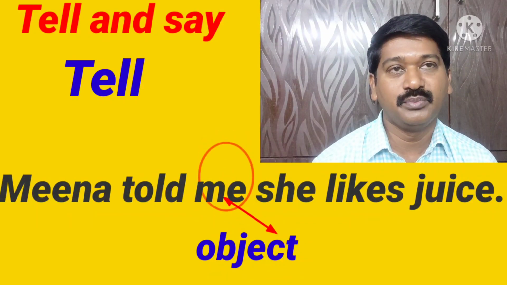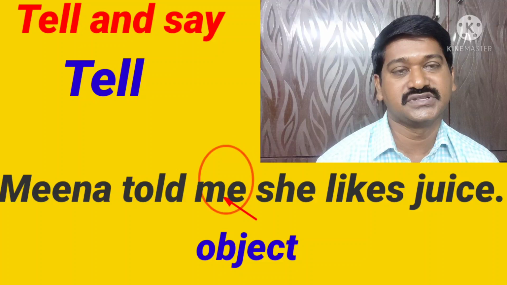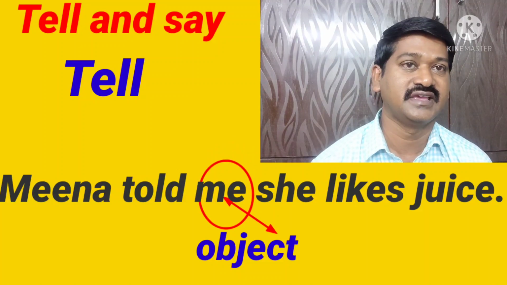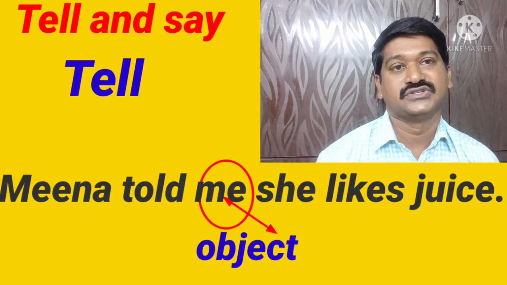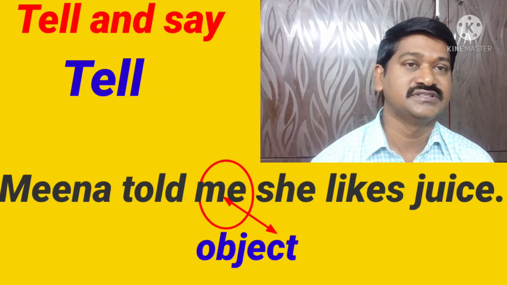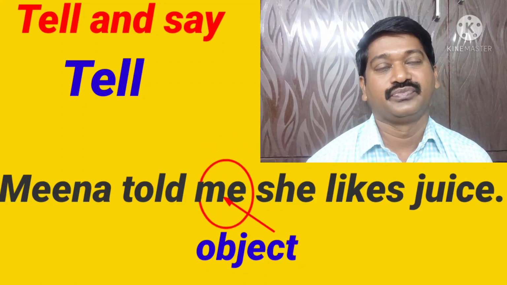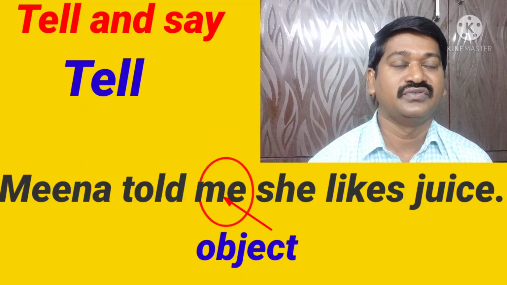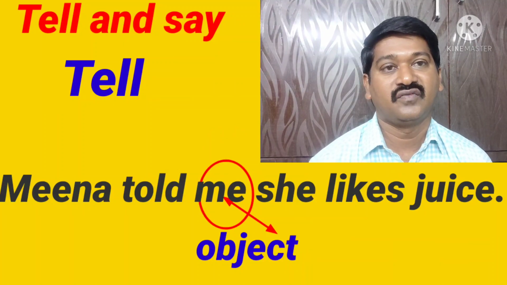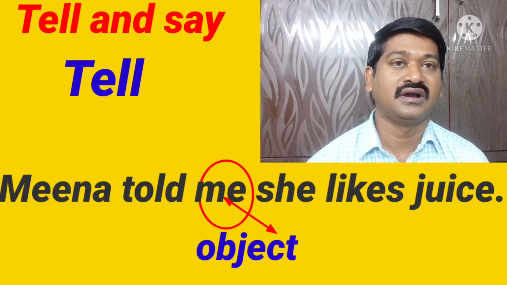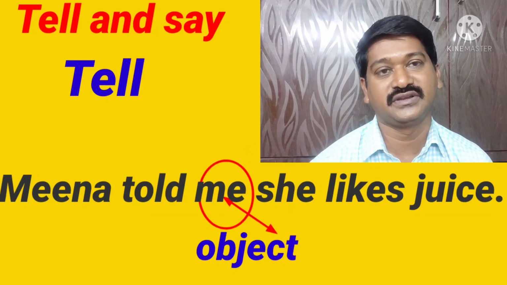Meena told me she likes juice. Here also, told is verb form 2 of tell. After told, Meena told me, there is an object: me.